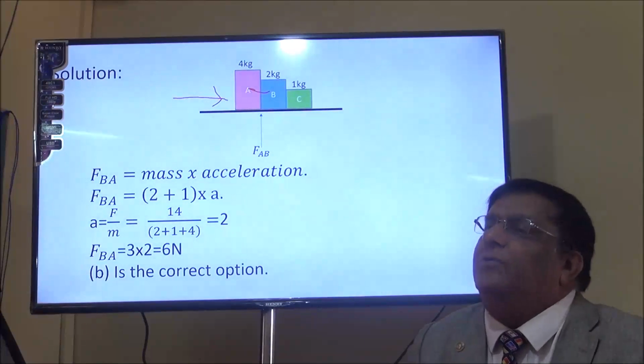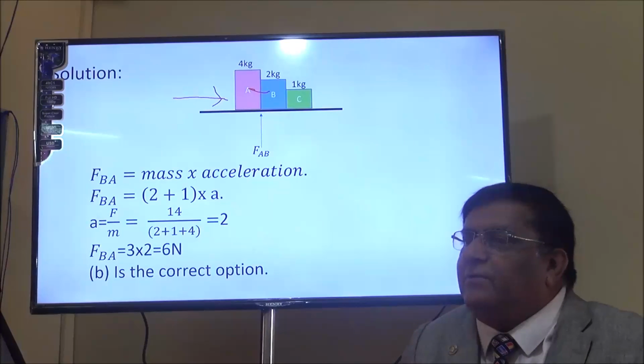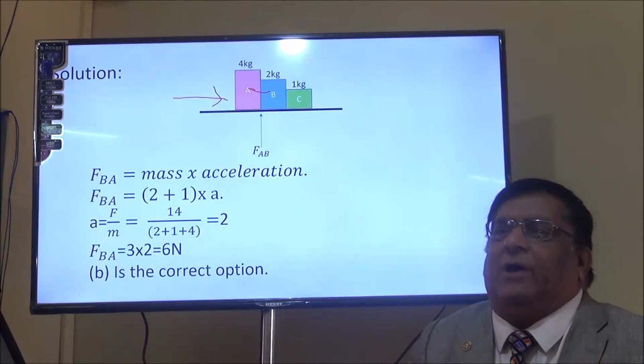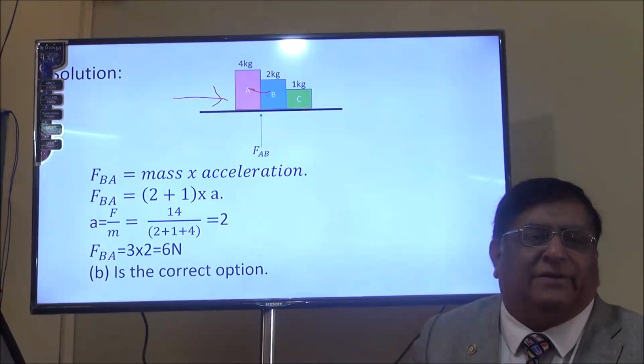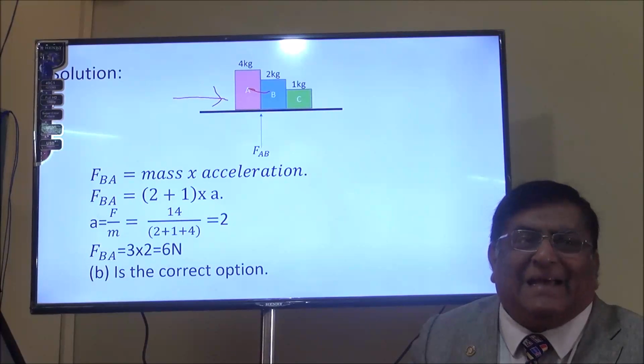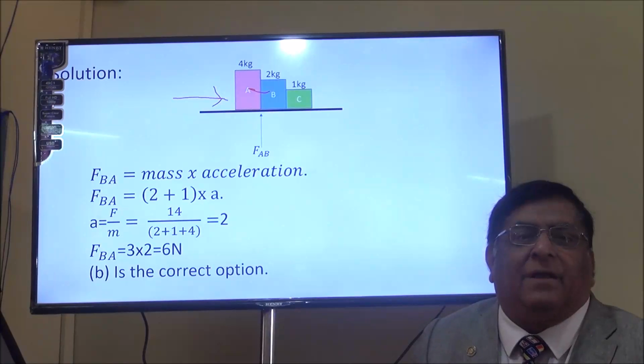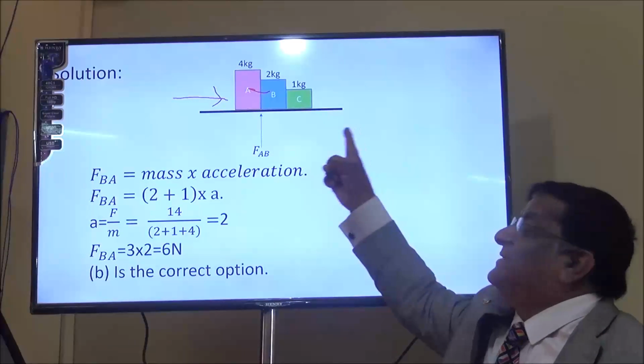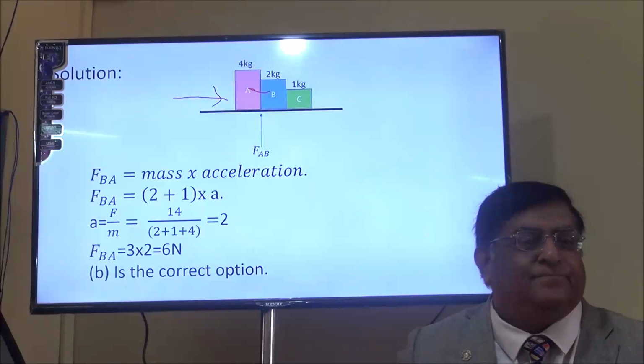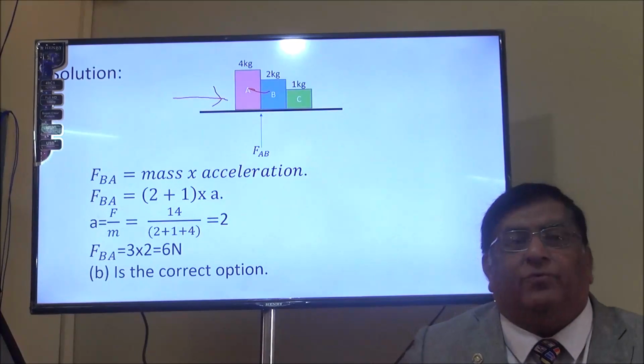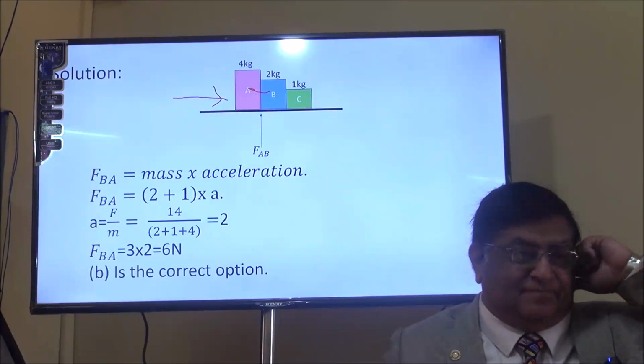This principle is clear to you, why it should be different? Right. Now, how to calculate it? For calculation, you have a very easy formula. Force is equal to mass into acceleration. And in that, please remember, acceleration of the complete system is the same. A, B, C, all are moving with the same acceleration.